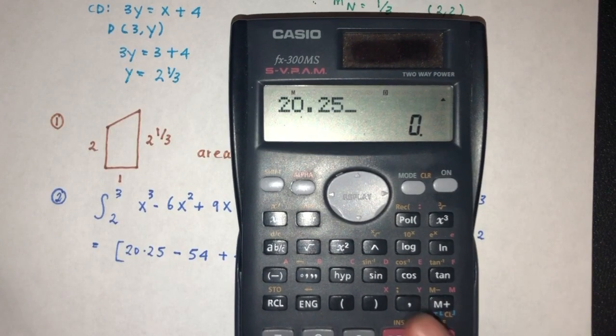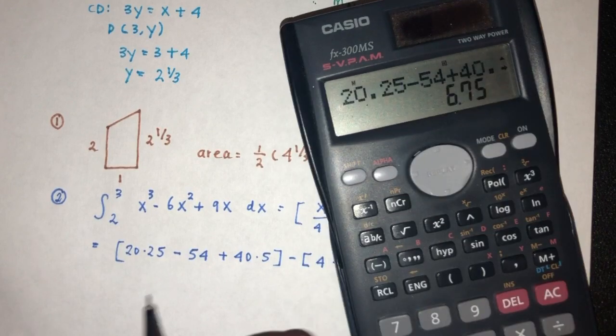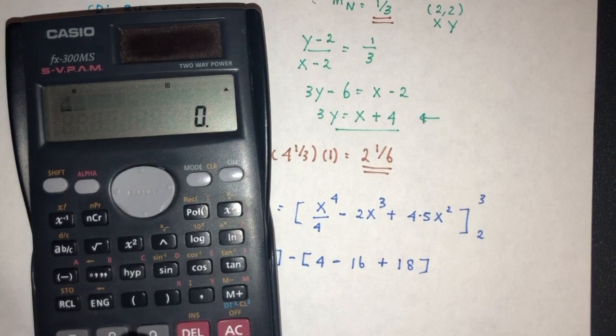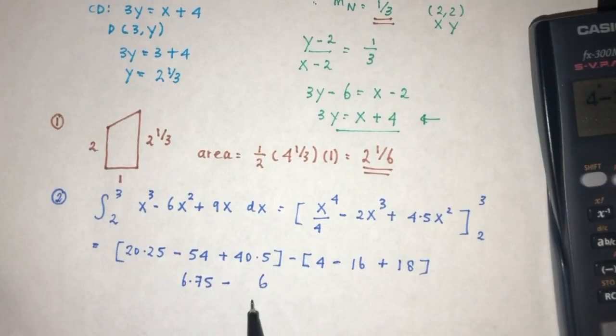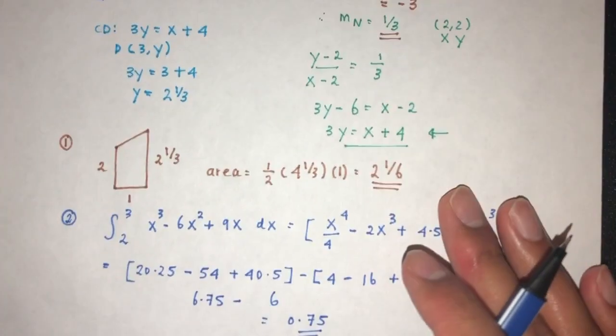So simplify here and here, you will have 20.25 minus 54 plus 40.5, that should be 6.75, and 4 minus 16 plus 18, that should be 6. You have 0.75. So the area that we do not want here below the curve is 0.75.